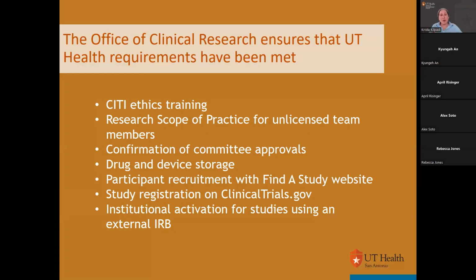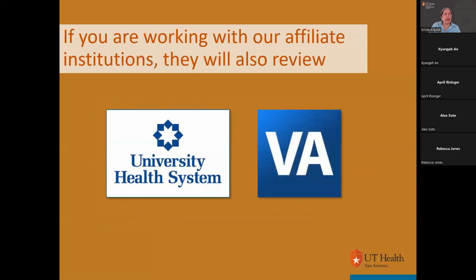So our IRB won't look at it, but the Office of Clinical Research will make sure that all of the agreements and everything are in place to make sure that we're doing everything the right way. So you're going to be working with them if you're using an external IRB. And again, if you're working with our affiliate institutions, either University Health System or the VA, they're also going to be reviewing your protocol during this institutional activation stage.